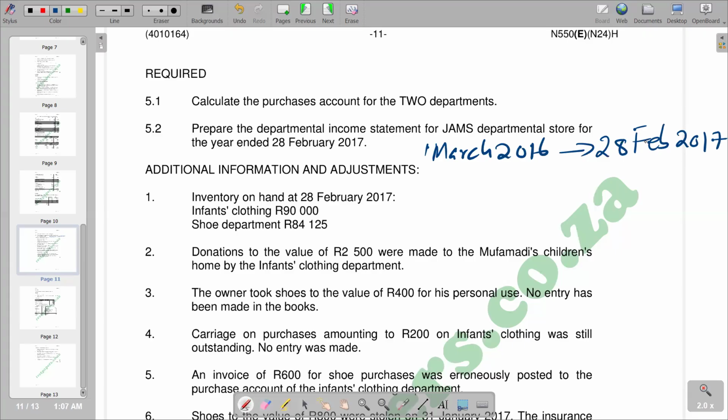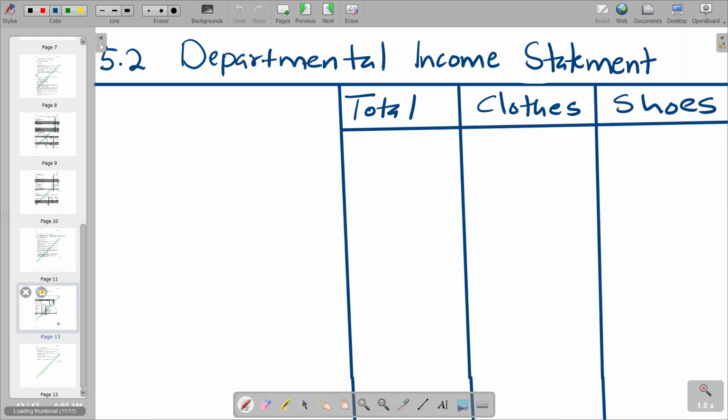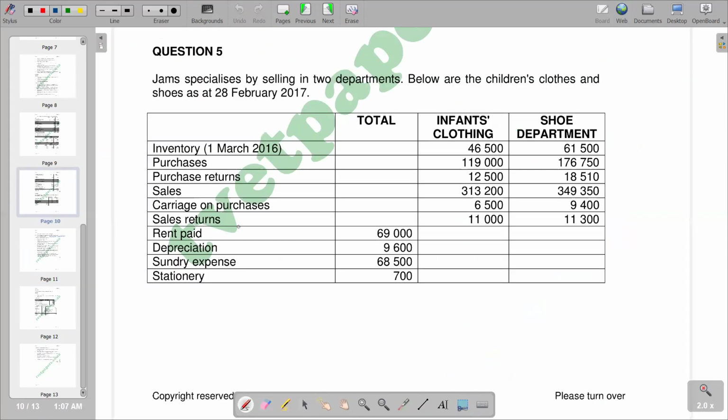For departmental income statements, if you go to our answer section, you'd see that this is going to be our departmental income statement. And obviously, for the departmental income statement, we start with the figure for sales. So if you come here, you see that that's where we've got our sales. But we also notice that we have sales returns, or we can call them debtors' allowances, which obviously are going to reduce our figure for sales.